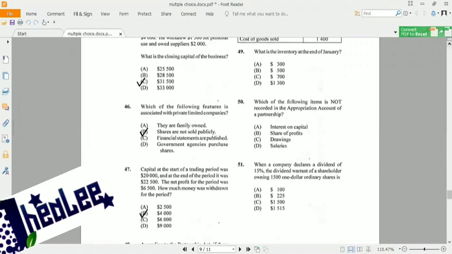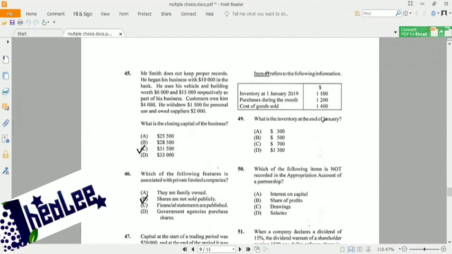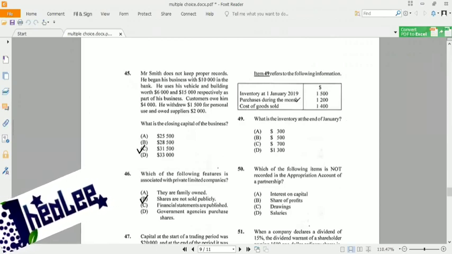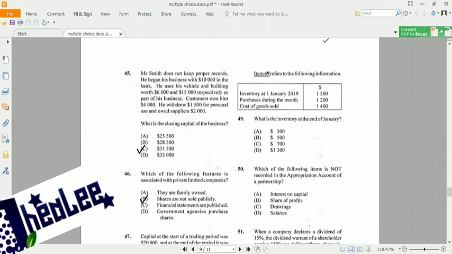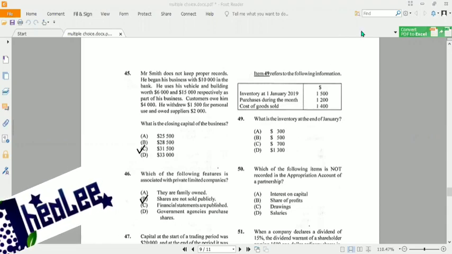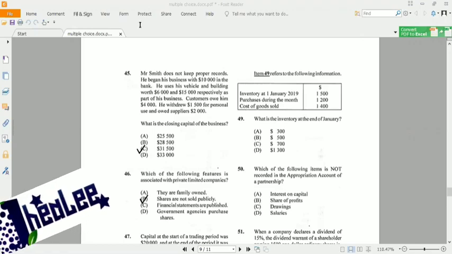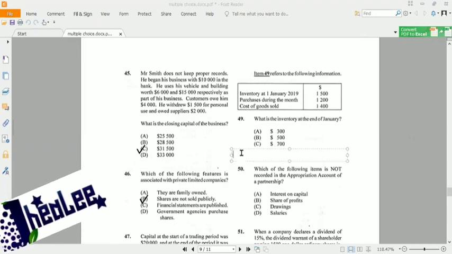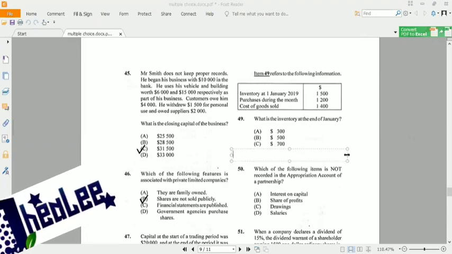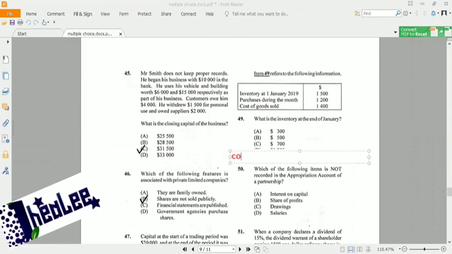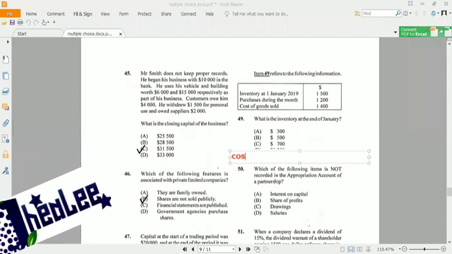Number 49, we're looking at what is the ending inventory at the end of January. I'm seeing inventory at start, purchases during the year, and we have cost of goods sold. Which knowledge can we use right there? Yes, your trading knowledge in ascertaining your cost of goods sold.